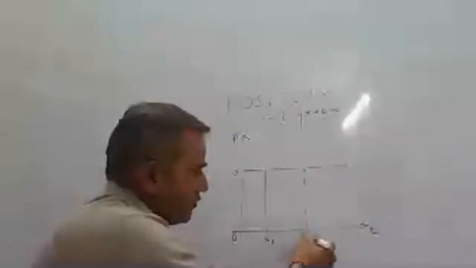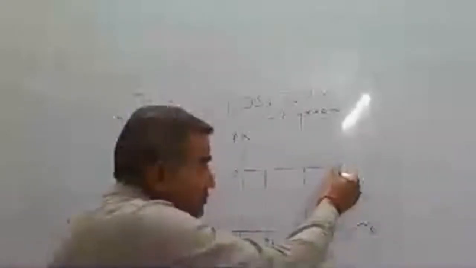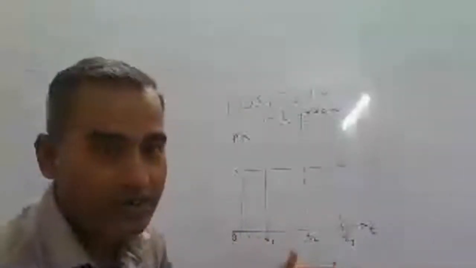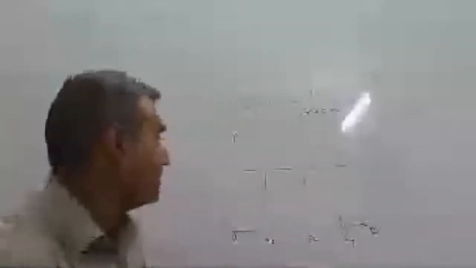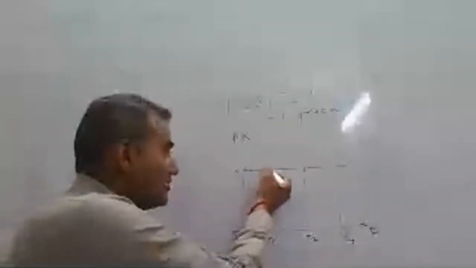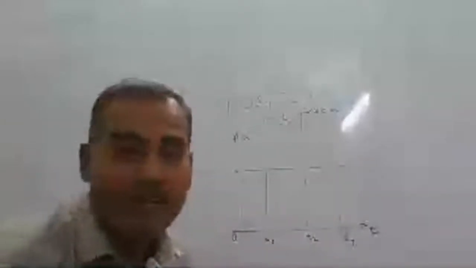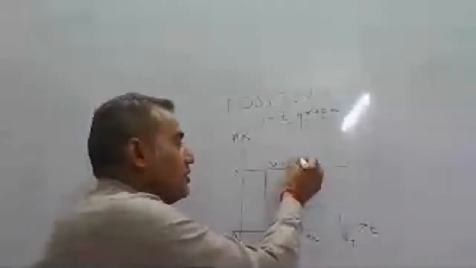At T1, T2, T3, we are looking at the same displacement S, S, S. So here the velocity is zero. V is zero.